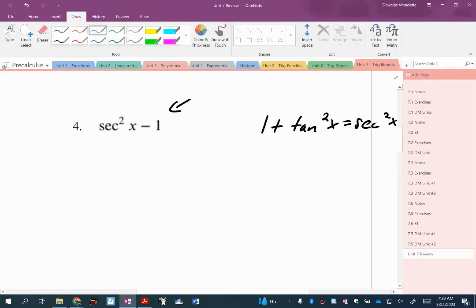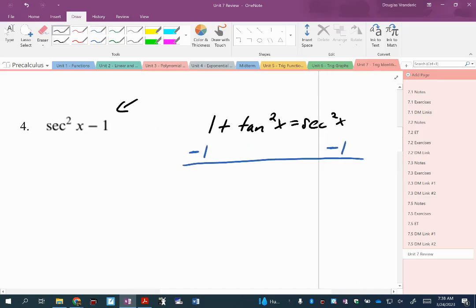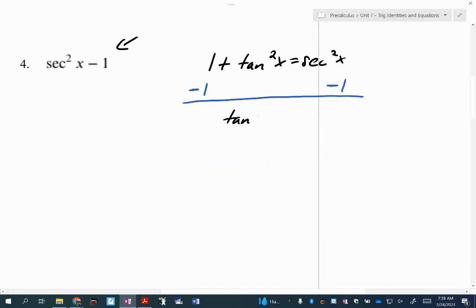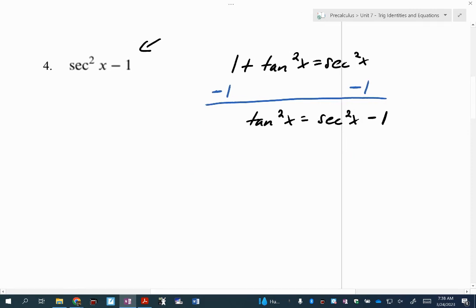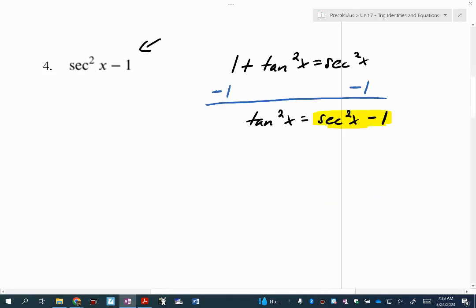So I'm going to move that number 1 to the other side with subtraction. And when I do, that leaves me with tangent squared x equals secant squared x minus 1, which is actually what I have, right? You can see, I'll highlight it for you, right? I have secant squared x minus 1 in my algebraic manipulation of this identity. So I'm just going to write down what it's equal to, and that's equal to the tangent squared of x. That's number 4.